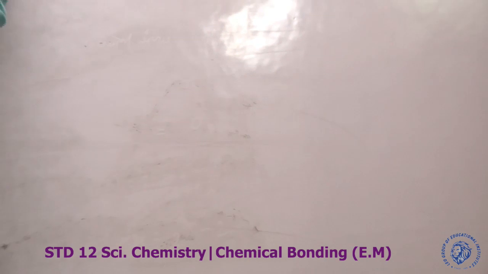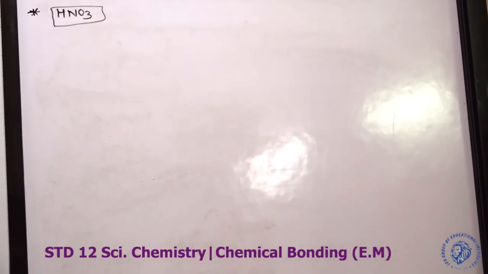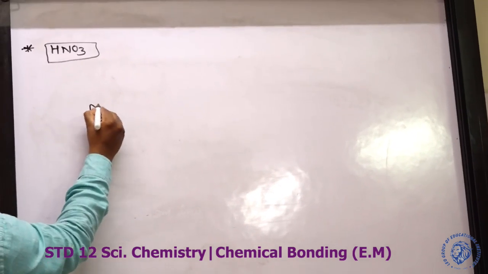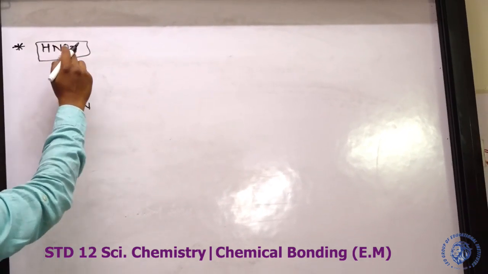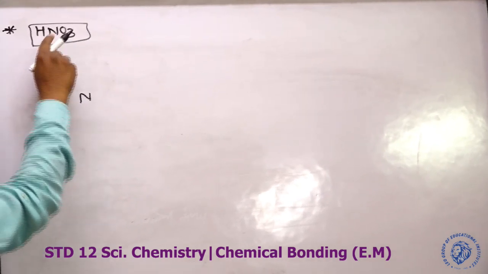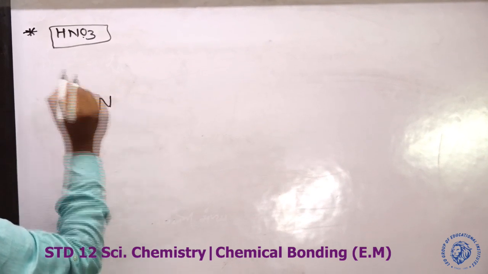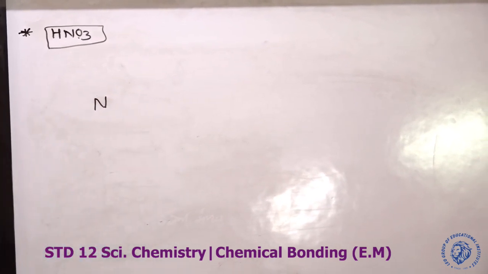Nitric acid, HNO3. As per the chemical bonding theory, the most electronegative atom here is oxygen, and as per electronegativity, the less electronegative atom will be in the center. So nitrogen will remain at the center.